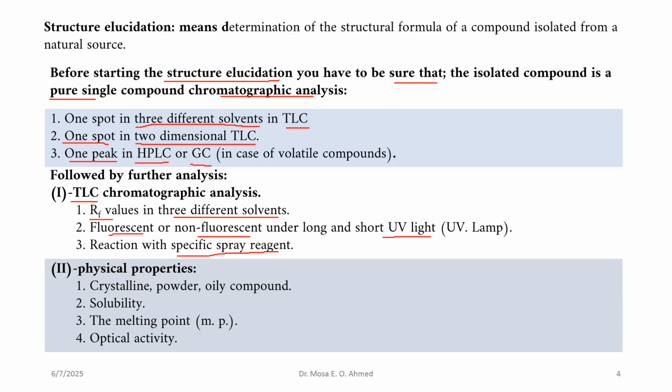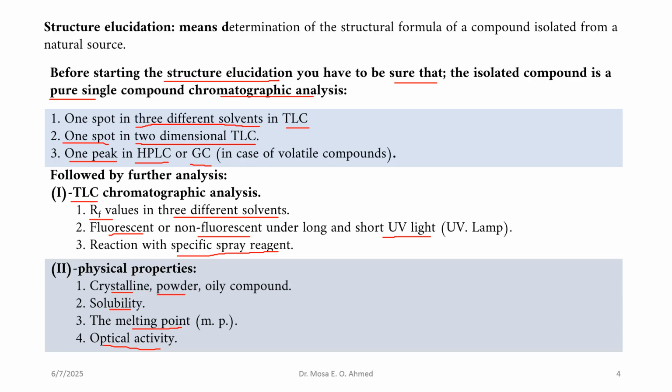After that, we confirm the other physical properties for the compound by determining its physical nature. Is it a crystalline or powder or oily compound? Also determining the solubility and melting point and optical activity.